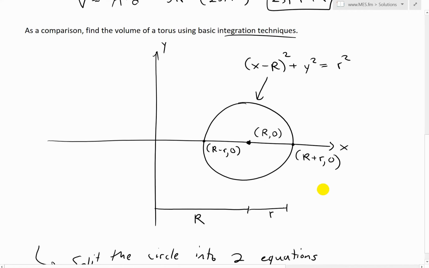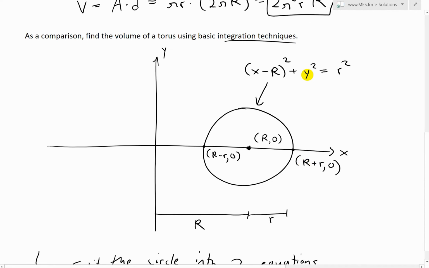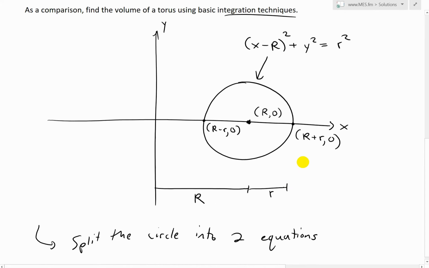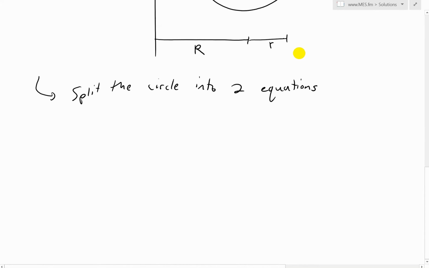This is just a general function, and we're gonna write everything in terms of y. The reason is because we'd rather not deal with this x minus r and then squared, just because it's more complicated that way. So we want to do the easiest one possible.